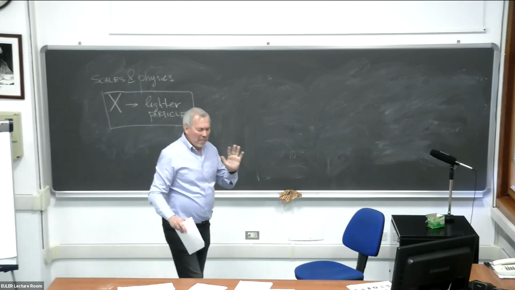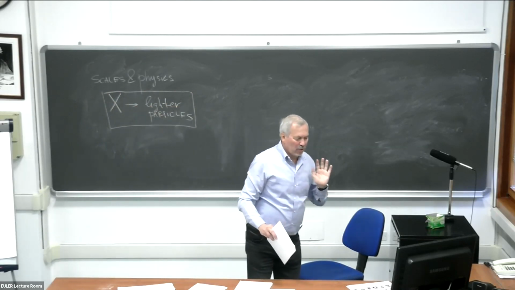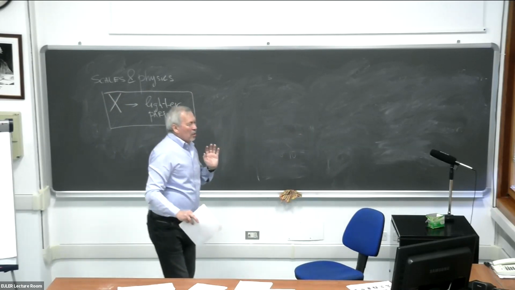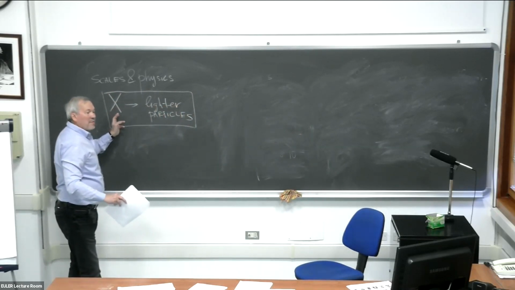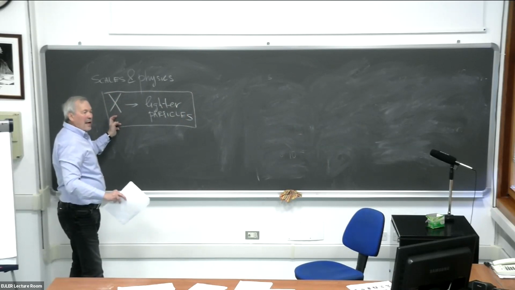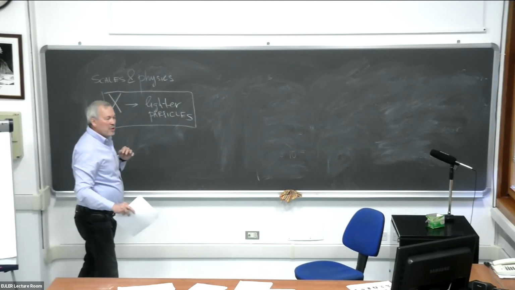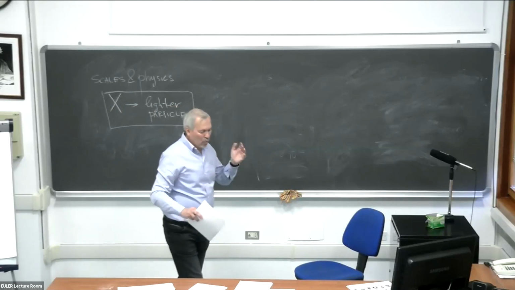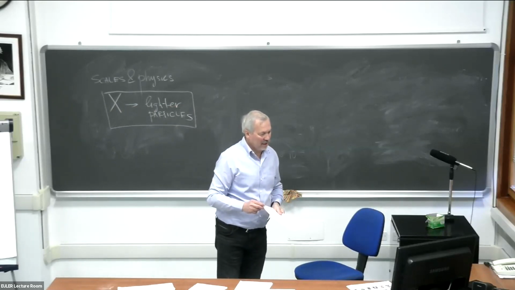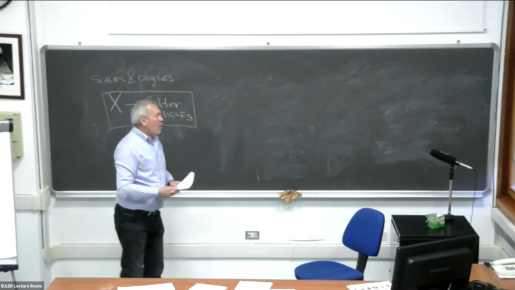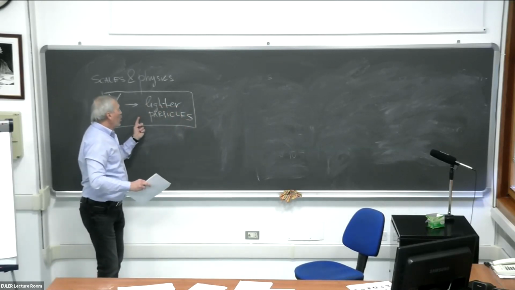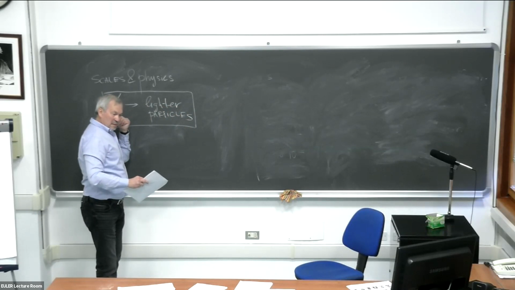I know that many times people make this mistake. Suppose I have this X, which is at very high energies. Can it decay into particles with energy which is smaller than the energy of the X particle? Why can a given particle decay only into particles which are lighter than X?